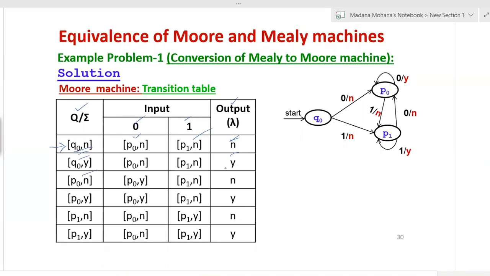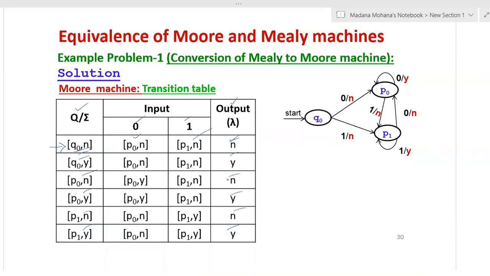P0 n, its output is n. P0 y, its output is y. P1 n, its output is n. P1 y, its output is y. The transitions can be taken from the above transition diagram or delta dash. So this is the transition table of the equivalent Moore machine for the given Mealy machine.